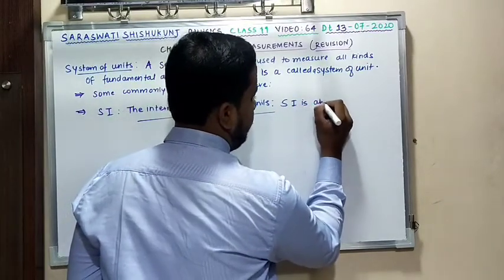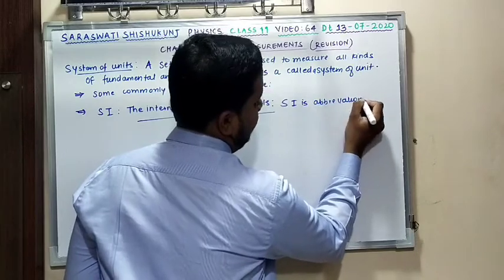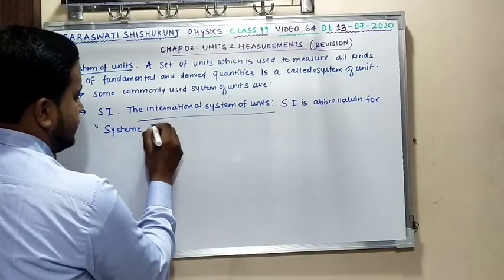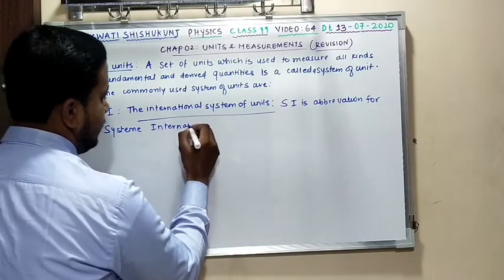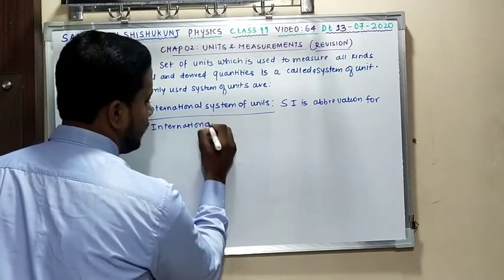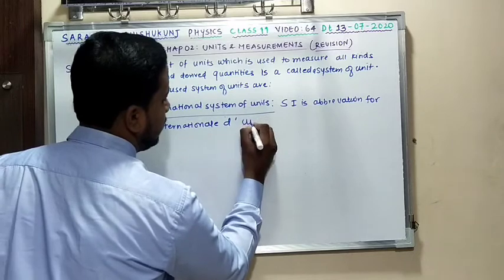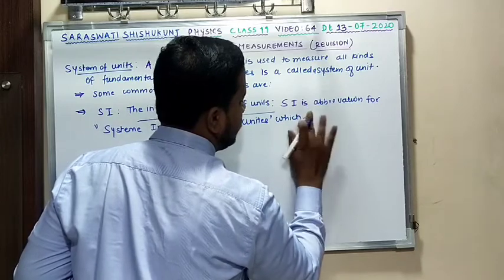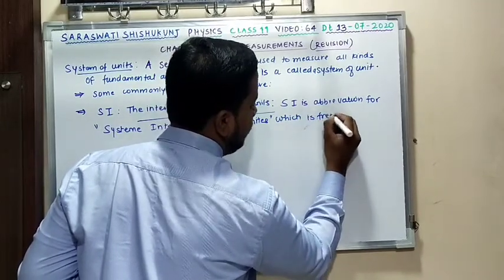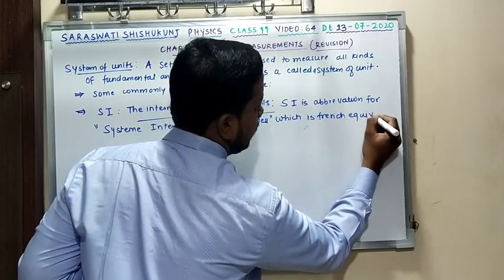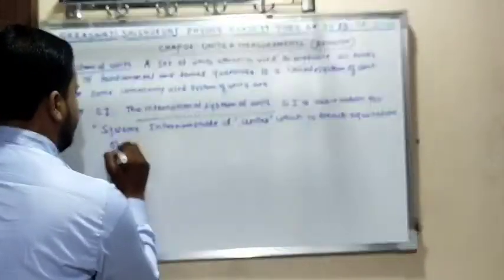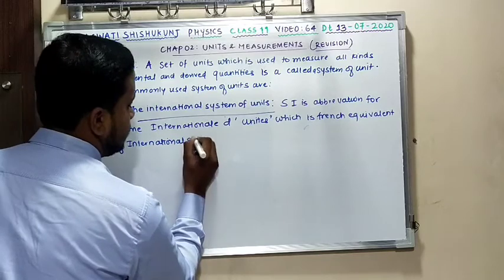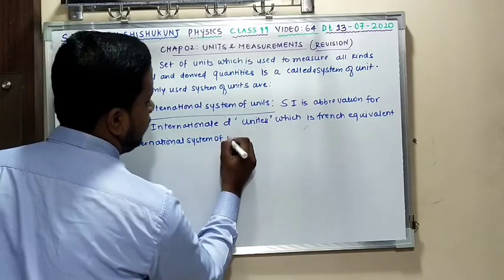So I can write, SI is the abbreviation for, I am writing very important, Système International des Unités, which is the French equivalent of International System of Units.